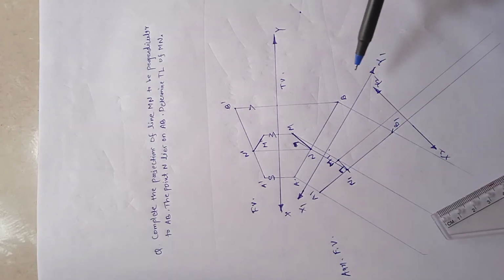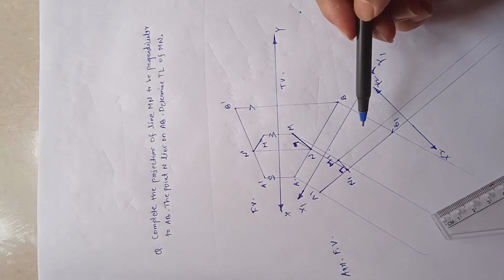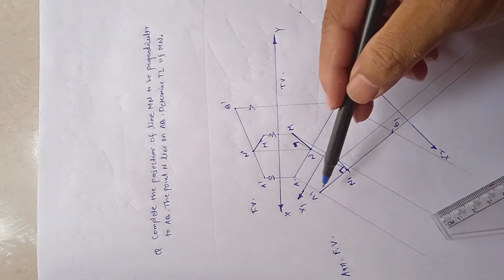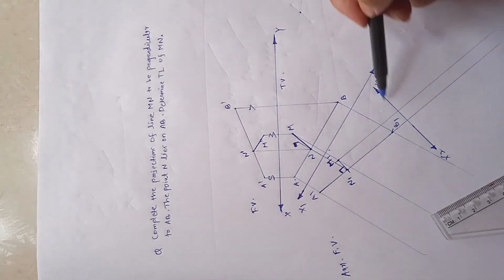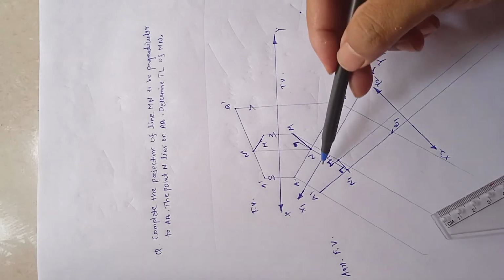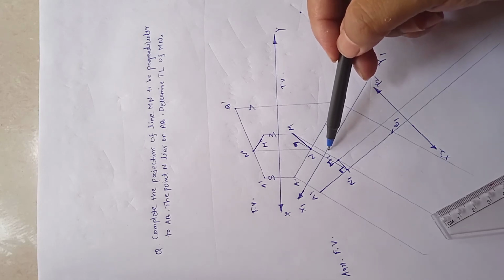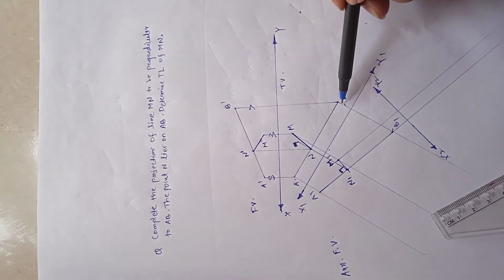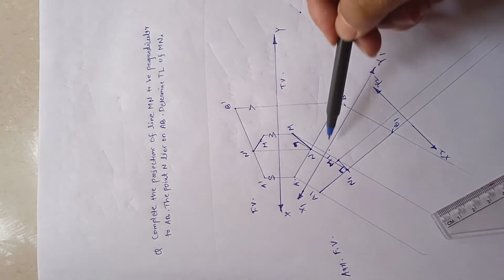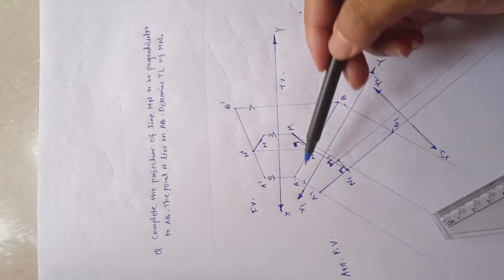Now here let us first transfer distances for B1, N1 and A1. So this is our auxiliary plane. From that plane the distances of points A, N and B are to be transferred. These distances are the same for the three points.